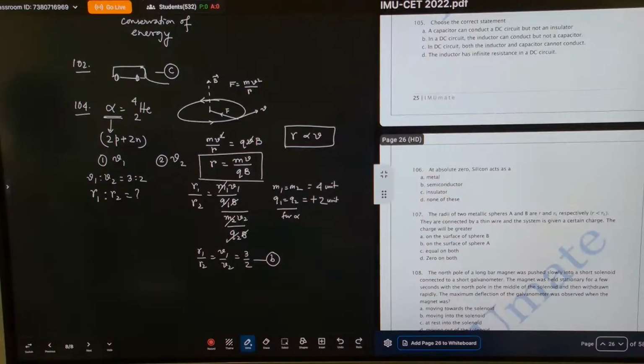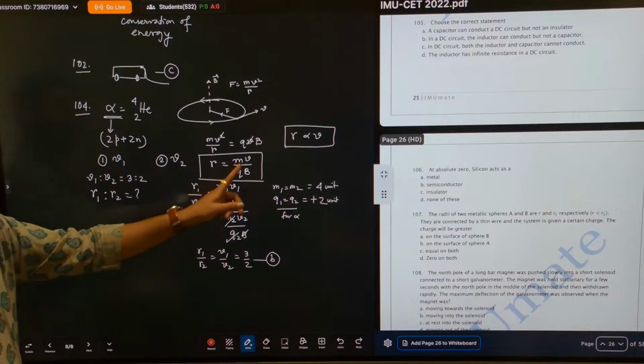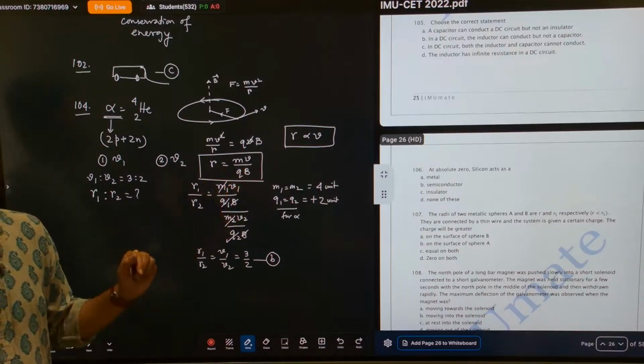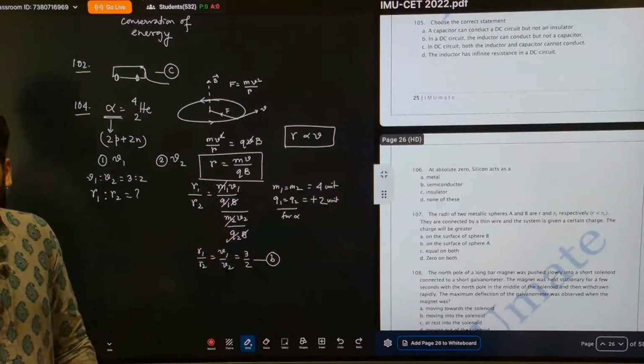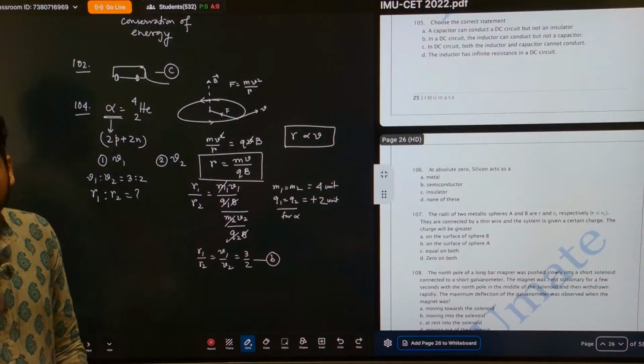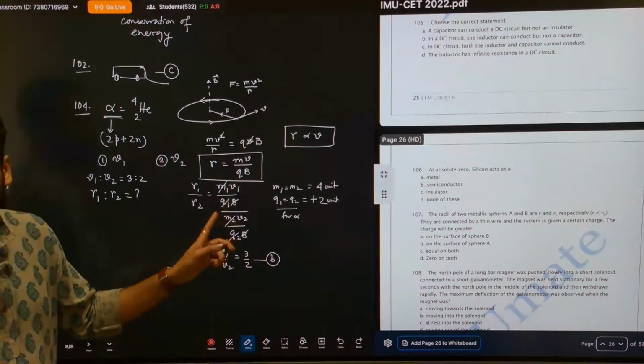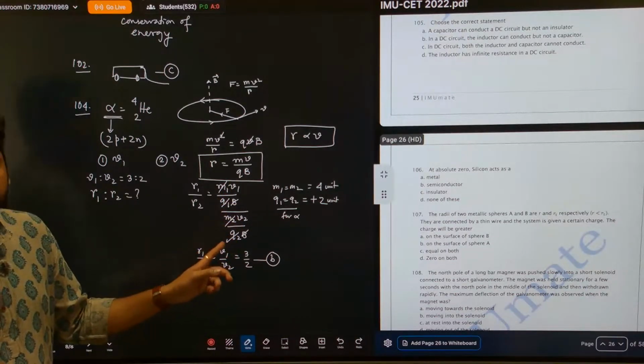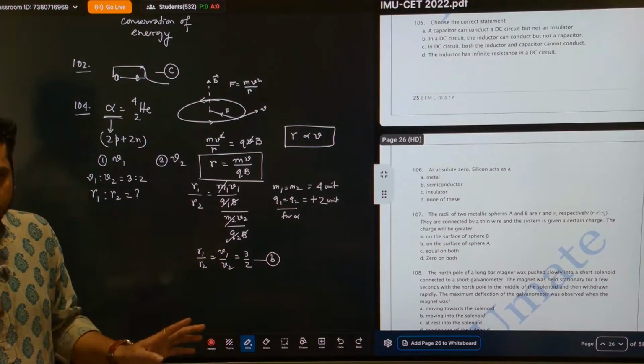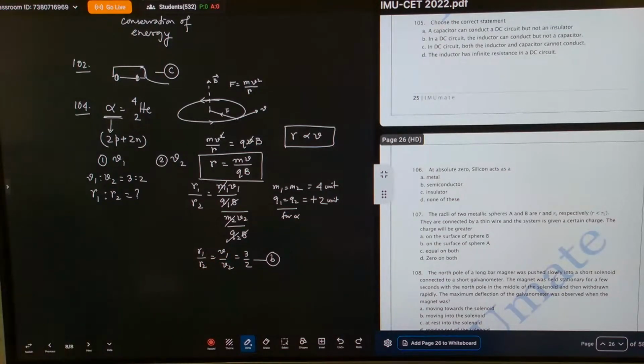It could have come with 1 alpha, 1 deuterium, 1 alpha and any other charged particle. So this is the fundamental law, the formula you have to use: R equals mv by qb. In place of q1, you place the charge of the first, q2 the charge of the second one. Okay, next.